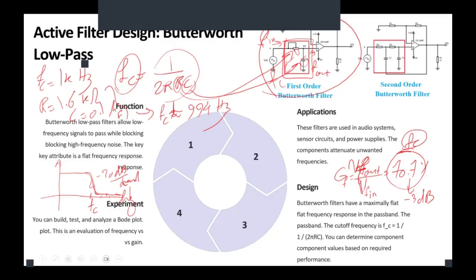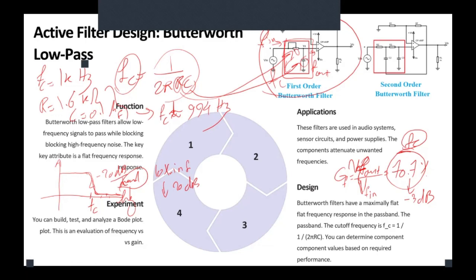So it's a very good Bode plot actually. That means every 10 times increase in frequency, this is a decade, beyond the cutoff, the gain drops 20 decibels.